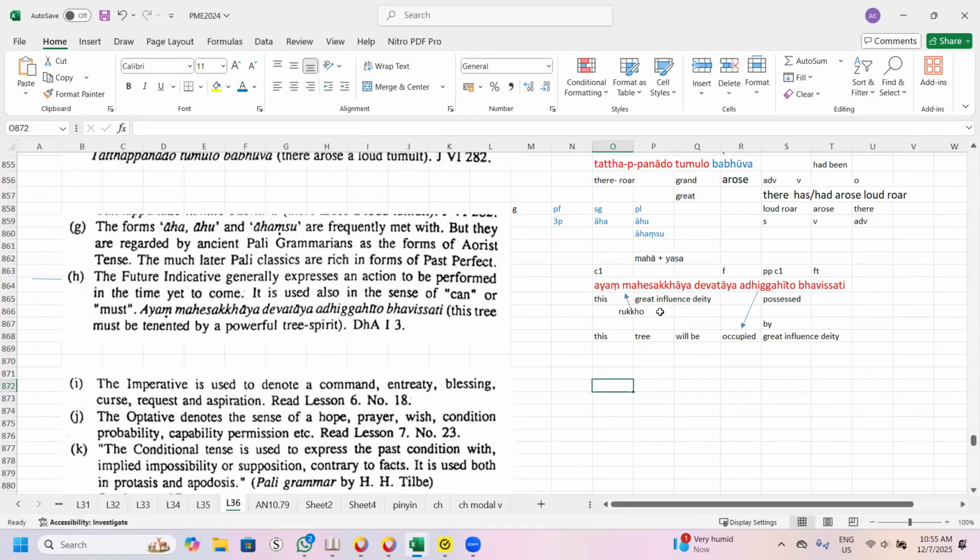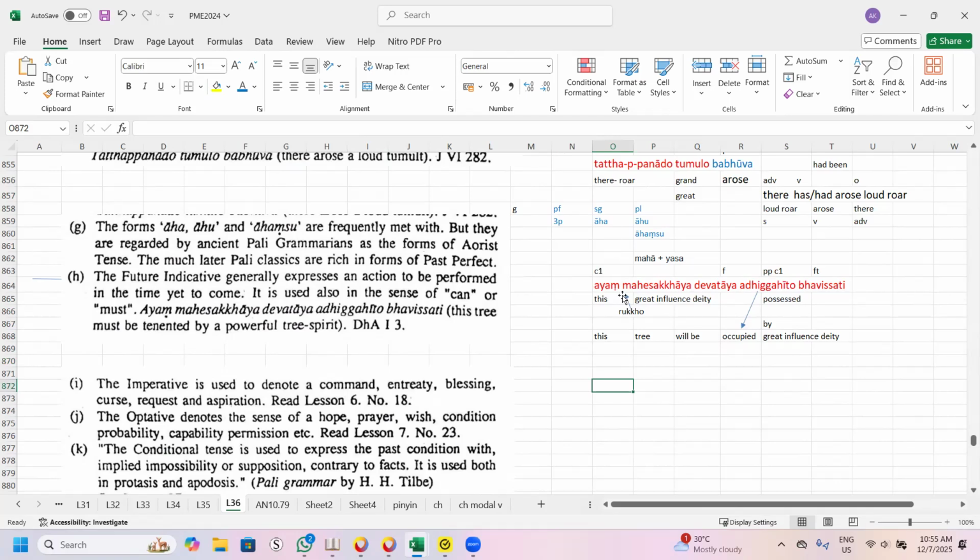Now, can you see that maha is great. The word sakkhaya means this is an influence. Then this is deities. Can you see this ya? You have to figure that out first. And then you say adhikahito, so that means this is a genitive to this.